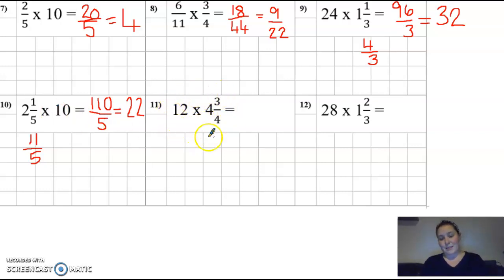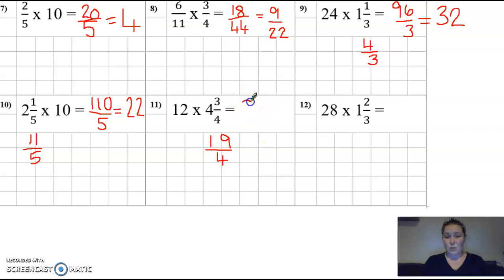I'm going to do my mixed number to improper fraction again for this one. So 4 wholes, 4 would be 16/4 and 3, that's 19/4. And then I'm going to times that by 12. So 19 times 12 would be 100, times 10 would be 190, times 2 is 38.